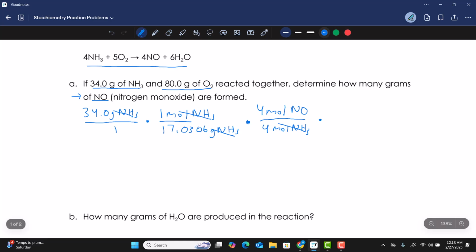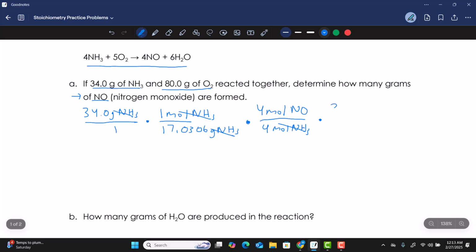And then we now want the molar mass of NO so that we can convert this to grams of NO. So the molar mass would be N, which is 14.00674 plus oxygen, which is 15.9994.